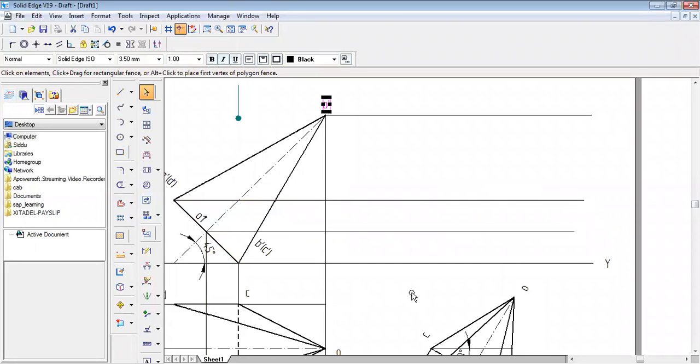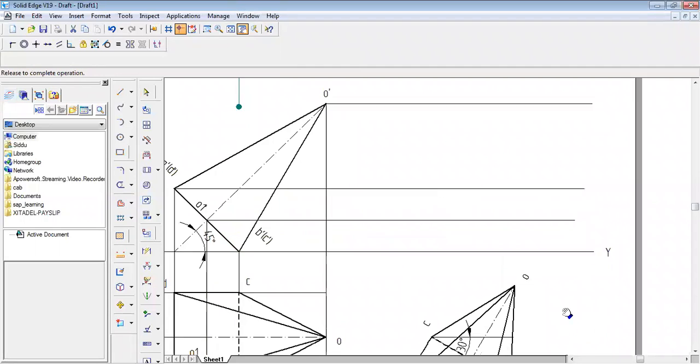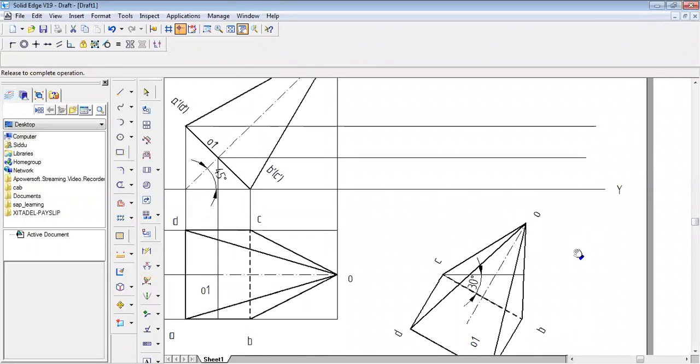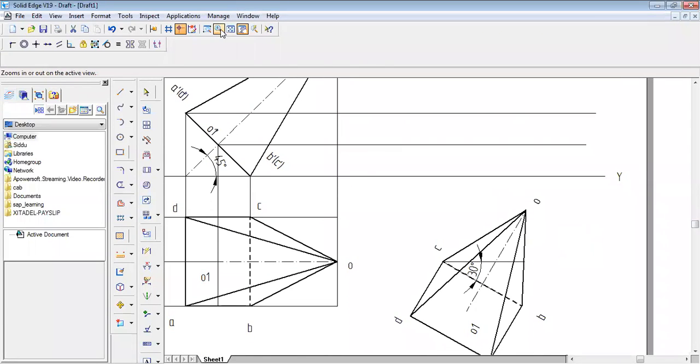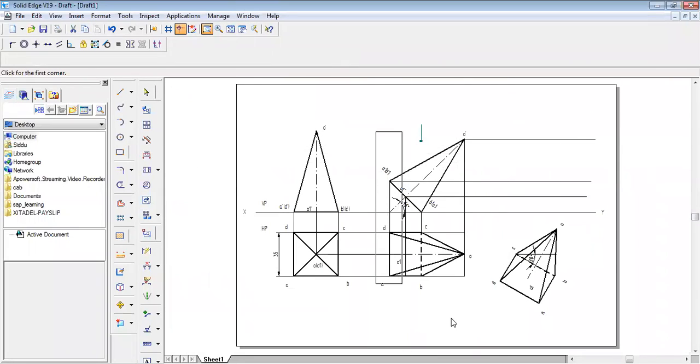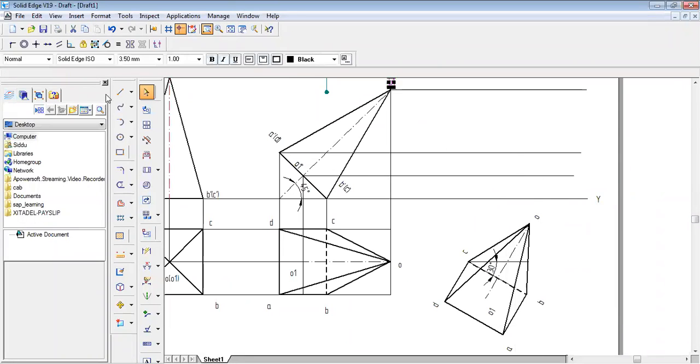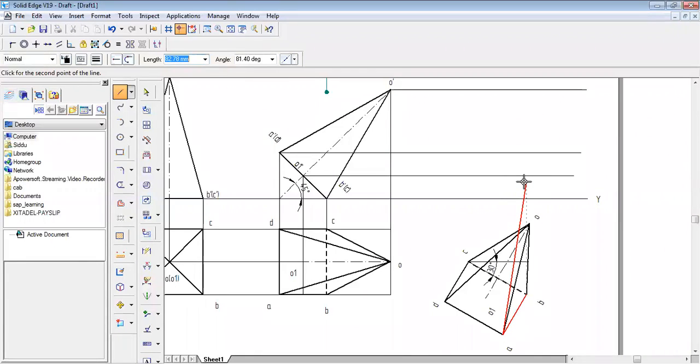Okay, so now friends, identify all the points now. Do it in sequence, starting from A. This is my A. This is my point B, which is resting over the xy line.